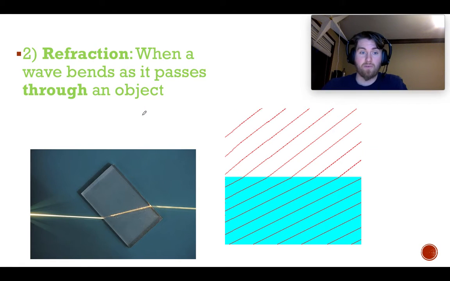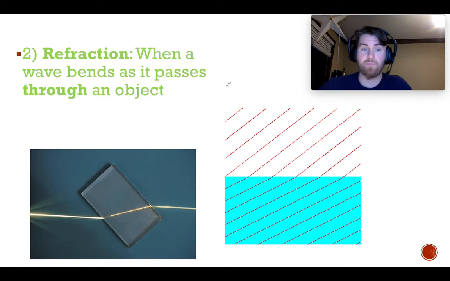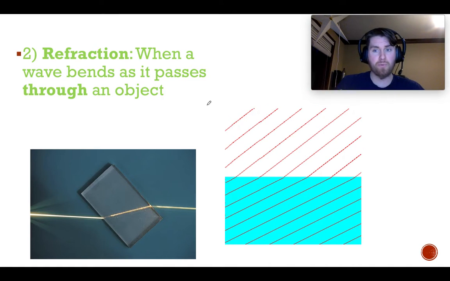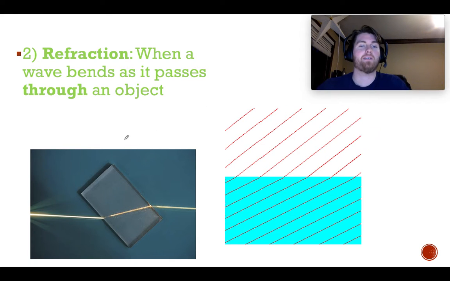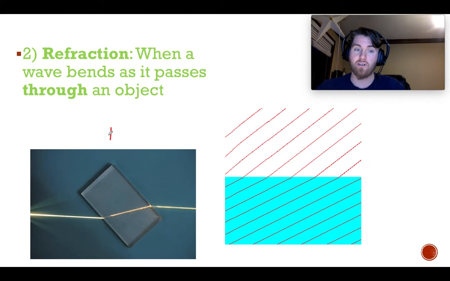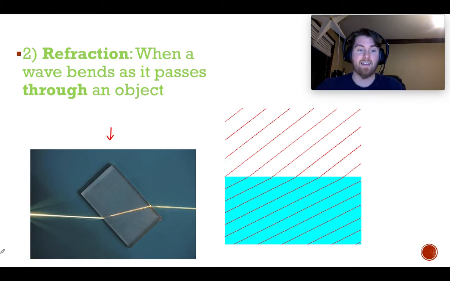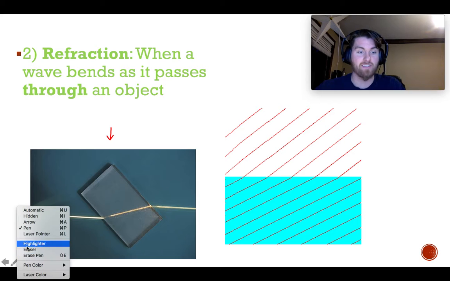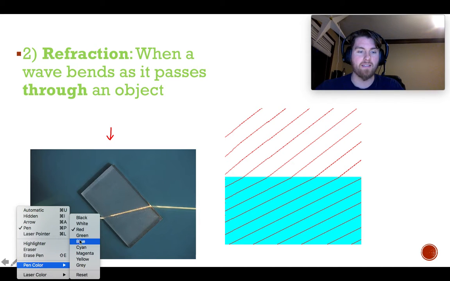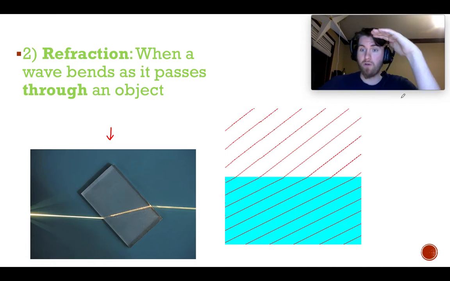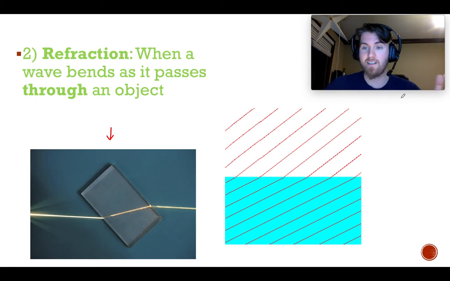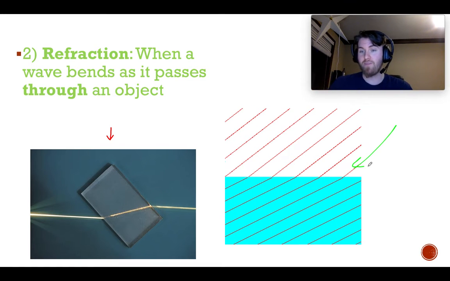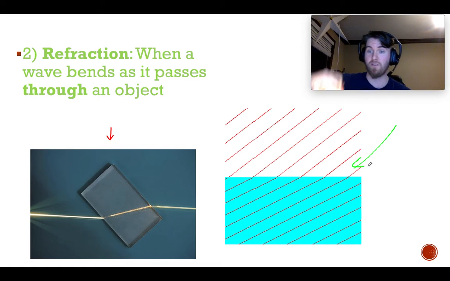The second one is called refraction. Refraction is whenever a wave bends as it passes through an object or a material. Really great ways to represent refraction are lenses like this, or if you've ever been to the pool and you go underwater and then open your eyes or have goggles on and look upwards, the images above the water look so much different than the images below the water.